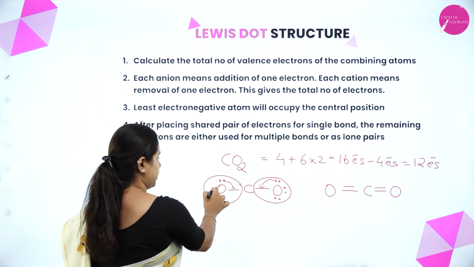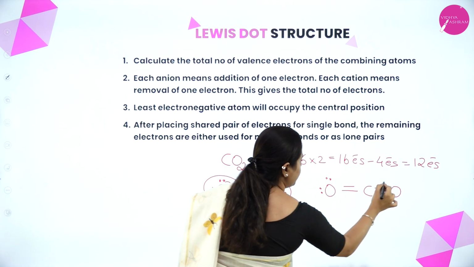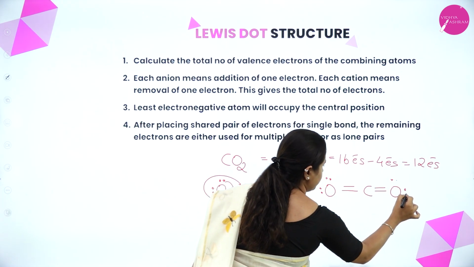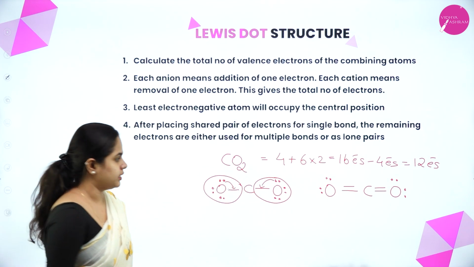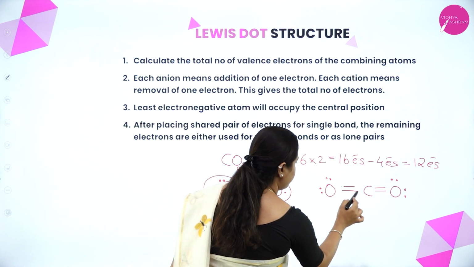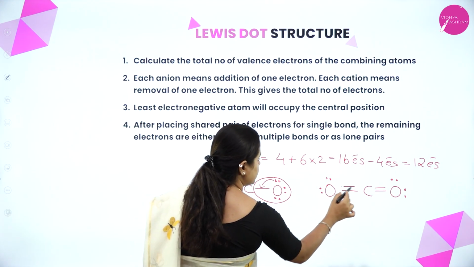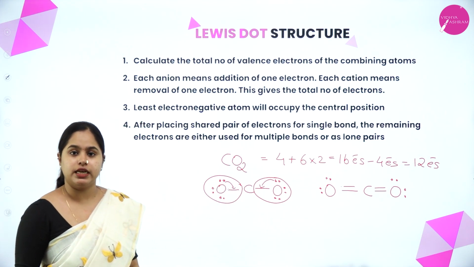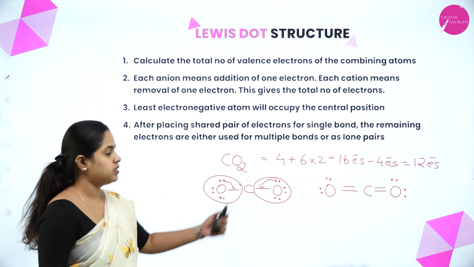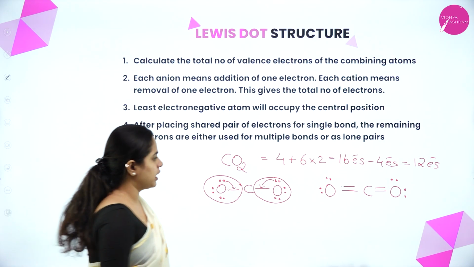Now what else is left here? 2 pairs are left here, and 2 pairs are left here as well. Now let's see. Carbon attained 1, 2, 3, 4, 5, 6, 7, 8 electrons. Oxygen 1, 2, 3, 4, 5, 6, 7, 8, and the other oxygen 1, 2, 3, 4, 5, 6, 7, 8. Now all of them attained their stability. So this is how you represent the Lewis dot structure. I hope it is clear.